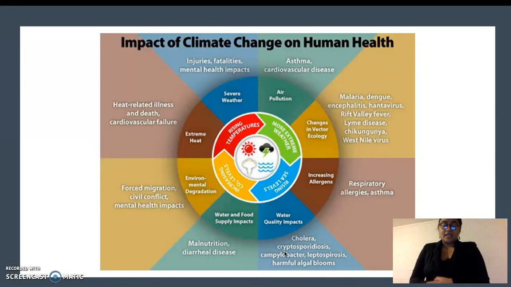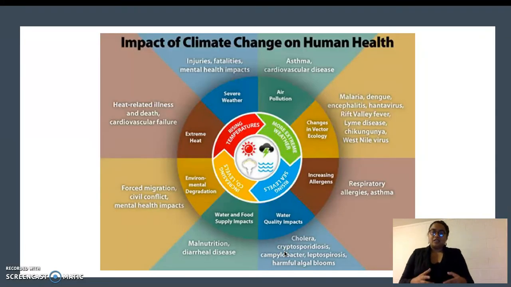This next visual is in detail on what effects climate change can have on our human health. I'm going to start with air pollution. Air pollution would cause asthma and cardiovascular disease. Changes in vector ecology due to more extreme weather would bring malaria, dengue, Rift Valley fever, literally all the worst things that could happen to a human. Since the sea levels are rising, that means increased allergens, which means respiratory allergies and asthma.